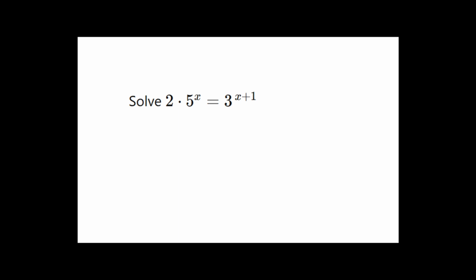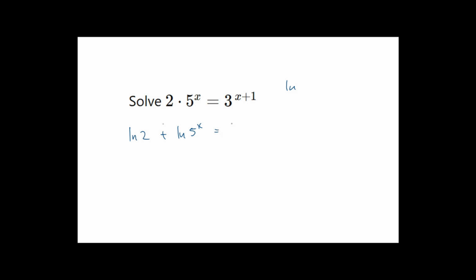For this one, let's separate these out. So it's going to be natural log of 2. I'm going to use natural logs. And this one, natural log of 2 plus natural log of 5 to the power of x.